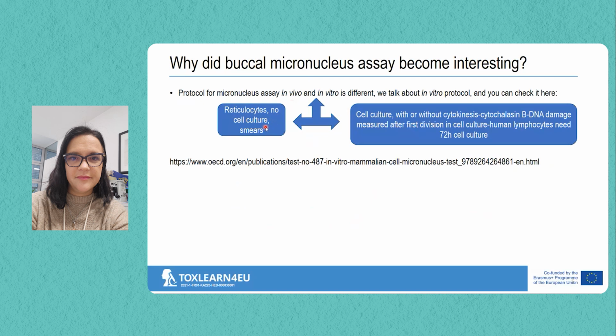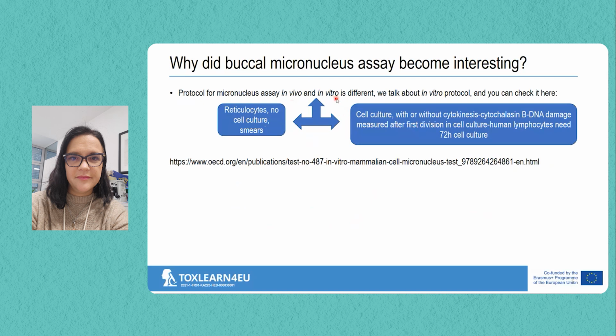You don't need cell culture, and you make smears on the microscopic slide and examine them after staining, usually under a fluorescent microscope. But you are using animals, and in the standard examinations and protocols, we prefer not to use animals to test chemicals or some kind of agents.